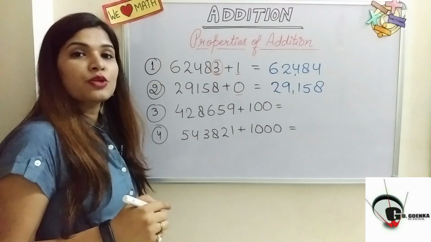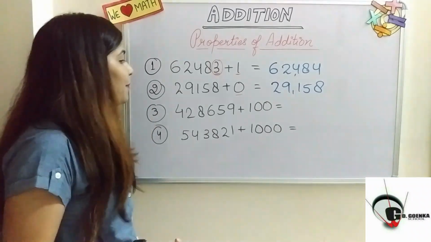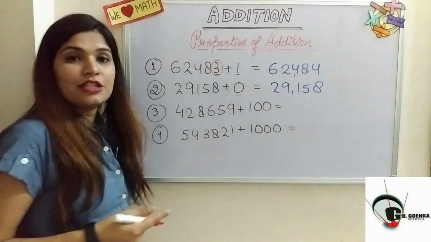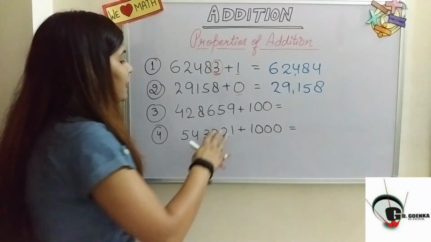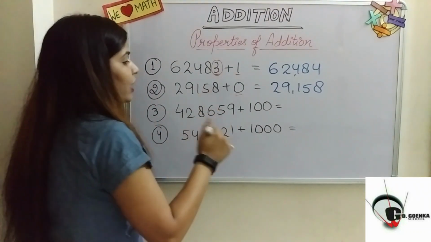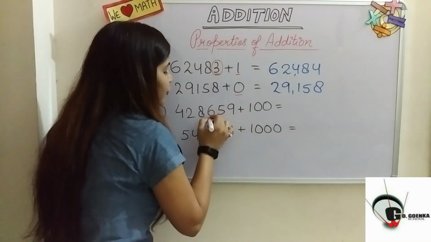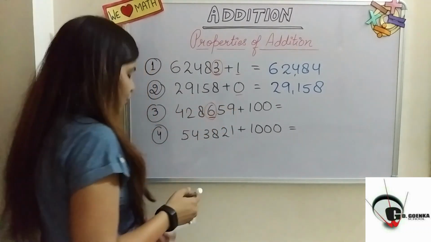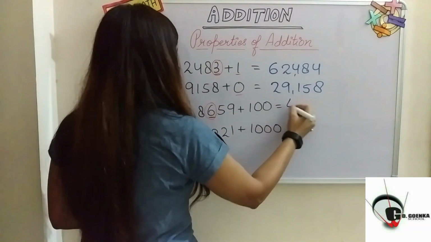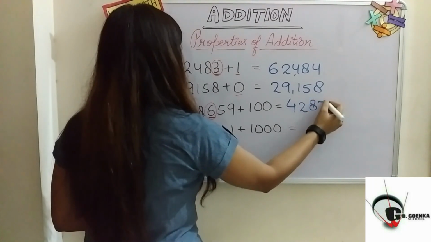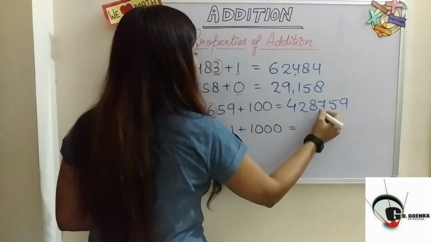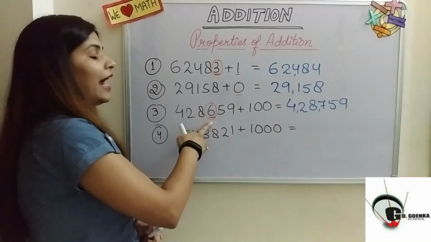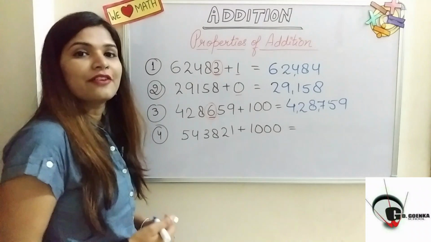We need to increase the digit at the 100 place by 1. Ones, tens, 100. We have 6 at the 100 place. So 6 is going to increase by 1. So it will be 428759. All digits will remain the same, and only the change will happen at the 100 place as we are adding 100.